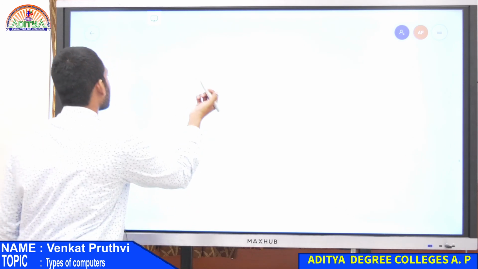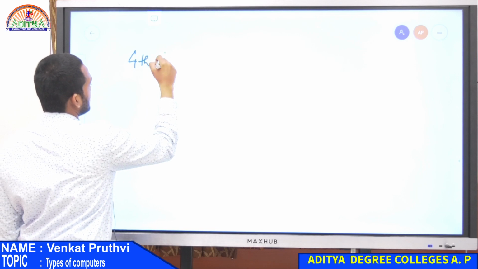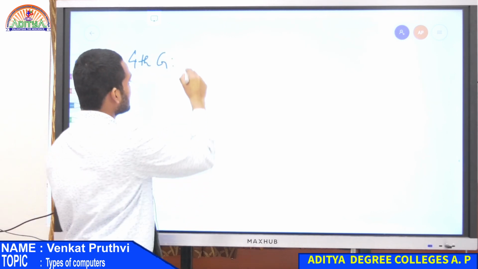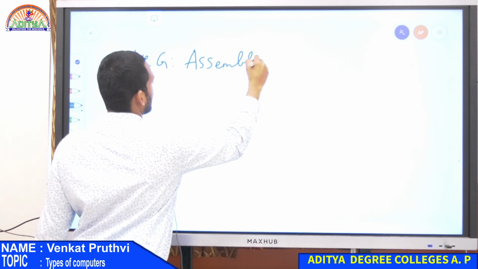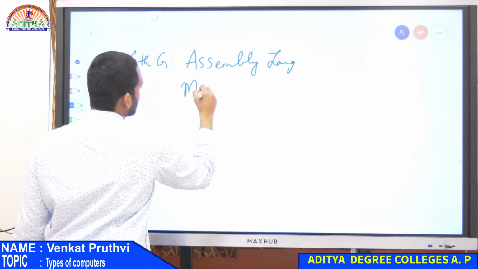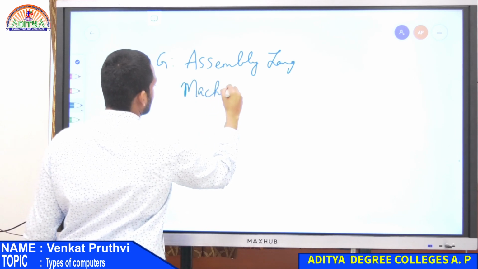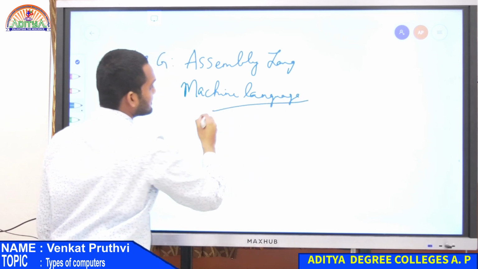And in the fourth generation of computers, we were talking about assembly languages. Assembly language and machine language. What do you mean by assembly and machine language?